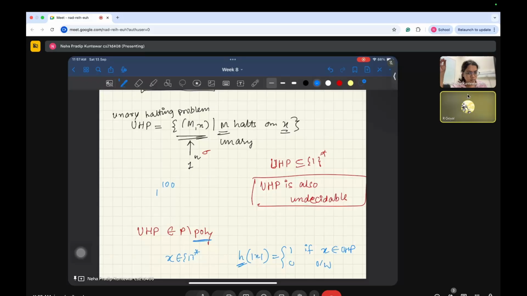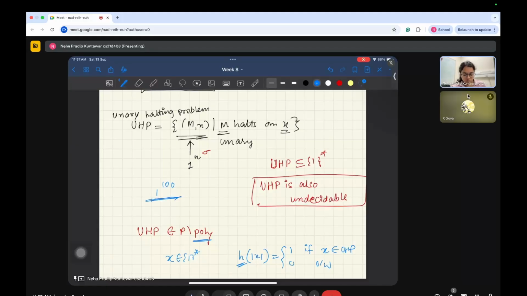There is no impact of adding this advice, that okay, you display one whenever you feel that X is an element of UHP. This is the very nature of the Turing machine. It is going to display one only if the membership holds true. But is there a machine that will decide?